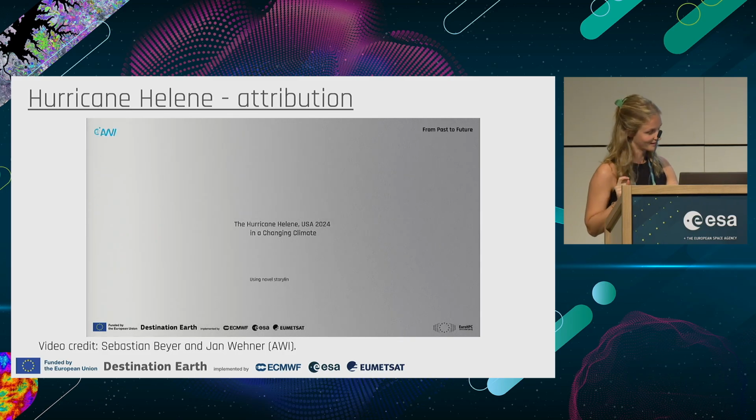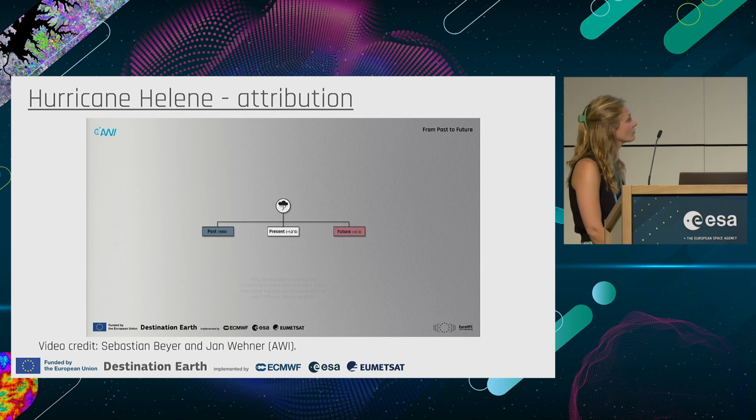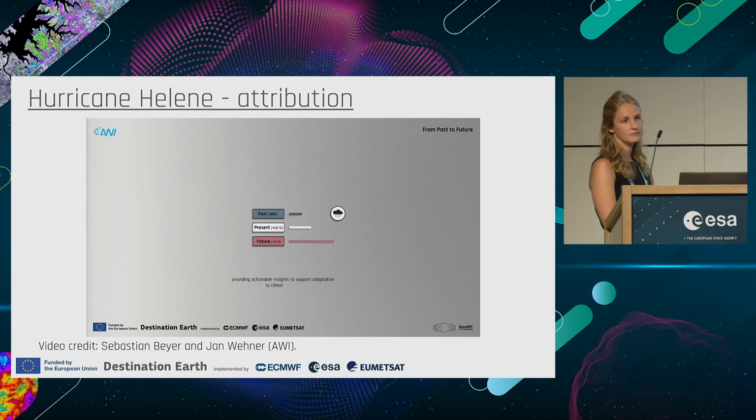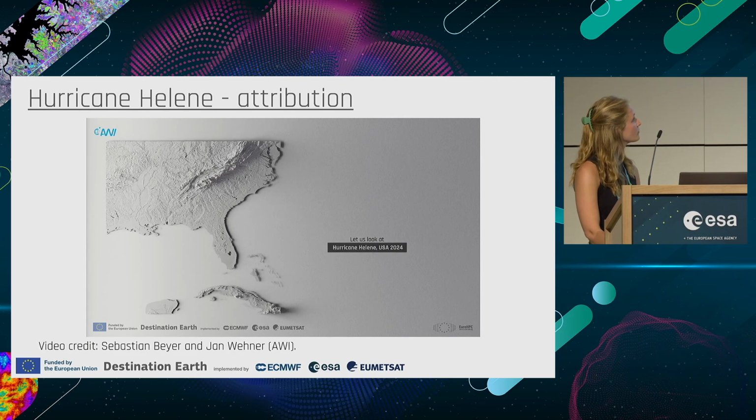Using novel storyline approaches, the Destination Earth initiative helps explore how recent extreme events would play out under different climate conditions, past, present, and future, providing actionable insights to support adaptation to climate change. Let's look at Hurricane Helene, USA, 2024.